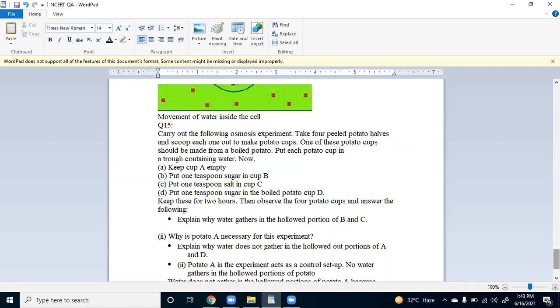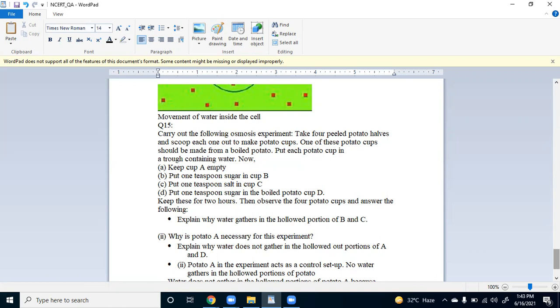While in cup D, which is made of boiled potato, you put 1 teaspoon of sugar. Then you leave it undisturbed for 2 hours. What is your observation? Some water has gathered in cups B and C.